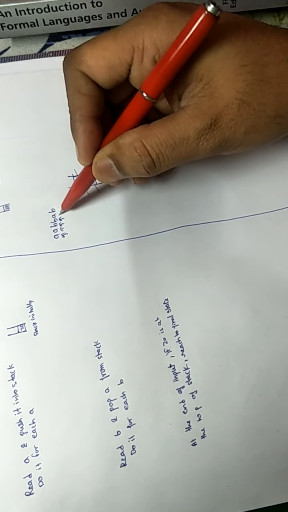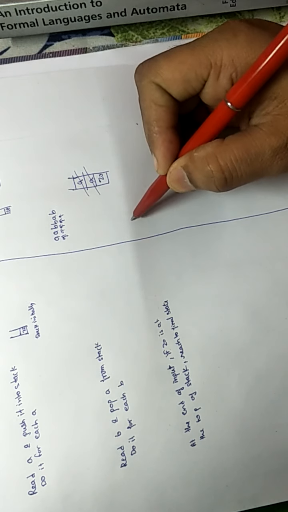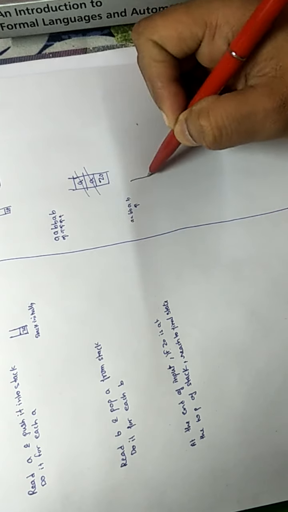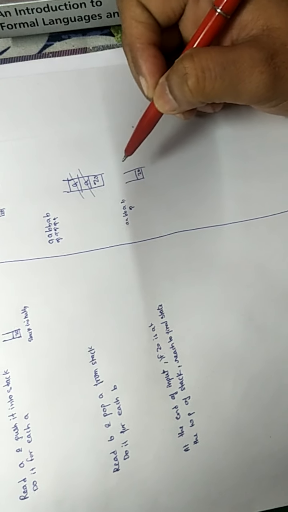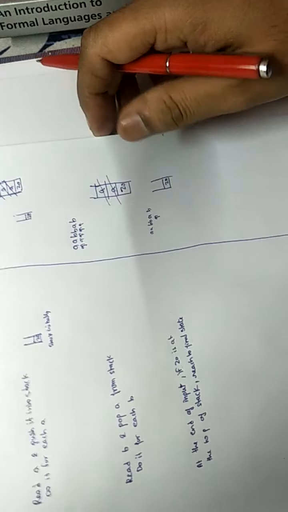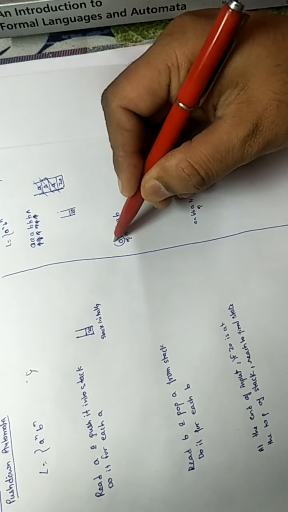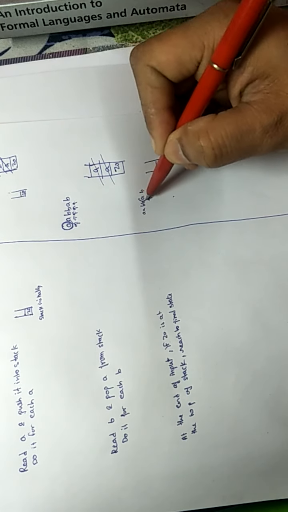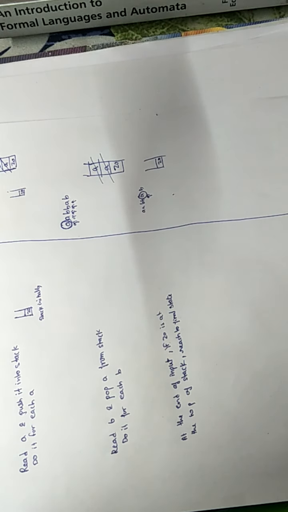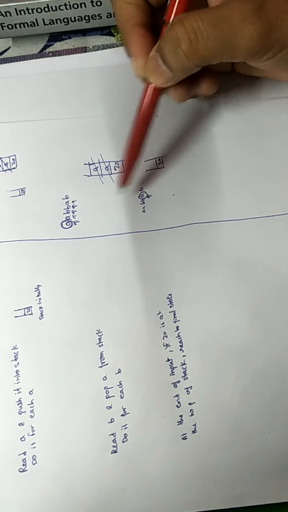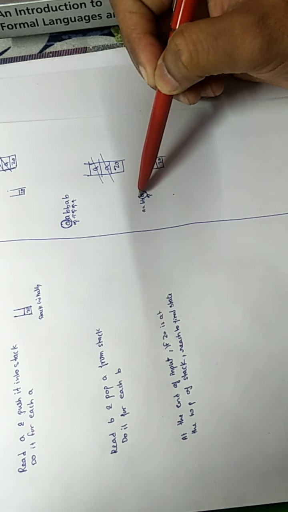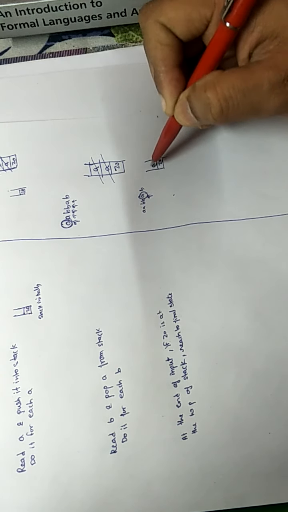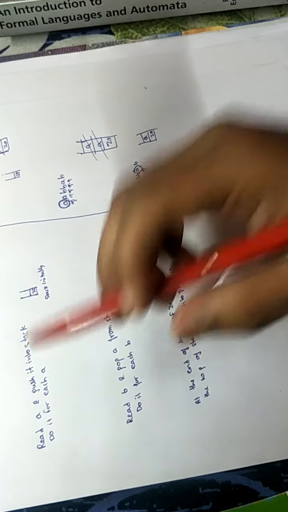Now when we reach another A, this is the same situation where the cursor is at A and the stack is at Z0. It is the situation at which we read the first A, and we are in the same situation for this A also, and the machine doesn't know whether this is the first A or an A that comes after B. So it will push it into the stack using this procedure.